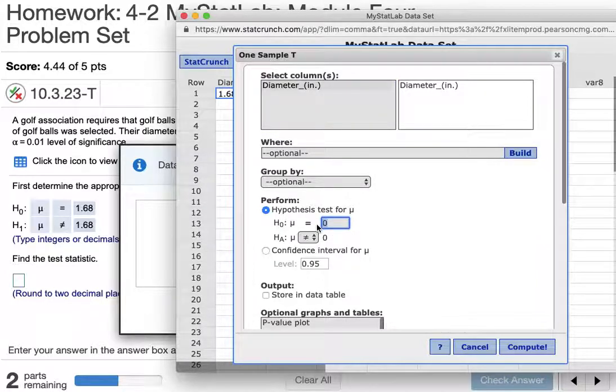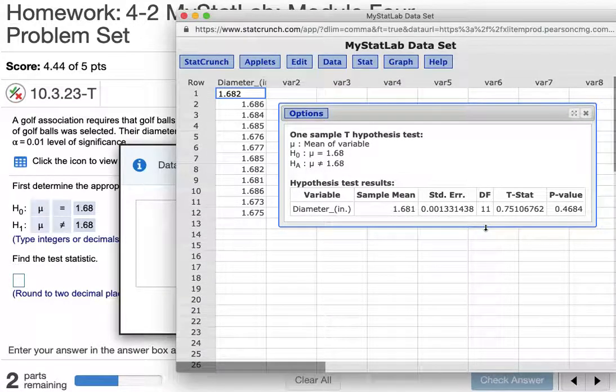So here we just need to switch this over to 1.68. Oh, I'm sorry, we selected our variable, and that's the diameter in inches. And then we have our hypothesis test set up, so now we can compute it.